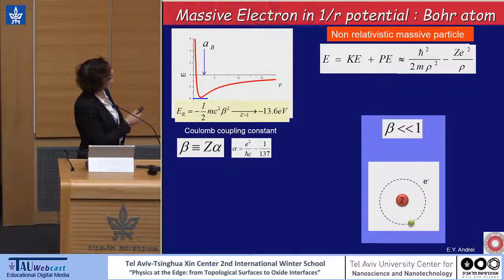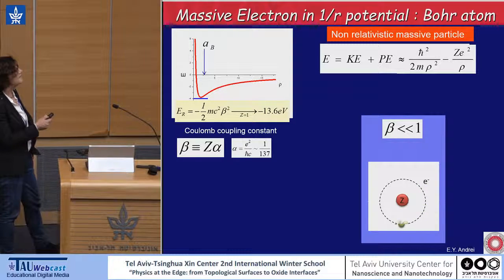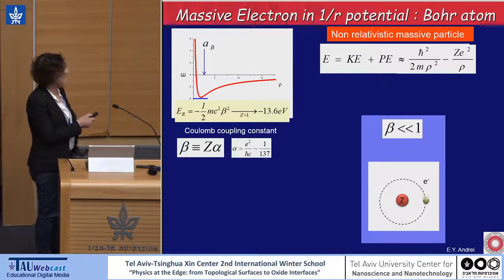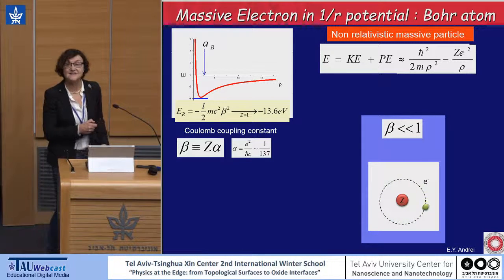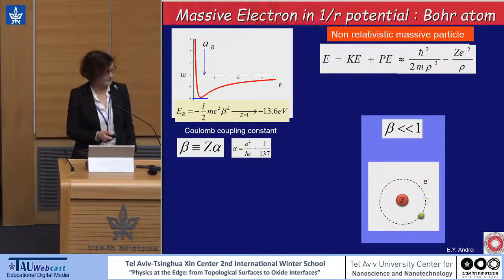The Coulomb potential gives you an attractive force, and as a result, you have a bound state at the Bohr radius, and we get this famous Rydberg, which is a very nice and insightful way of writing the Rydberg. It's 1/2 mc squared times beta squared, where beta is the Coulomb coupling constant, and this is equal to the positive charge times the fine structure constant.